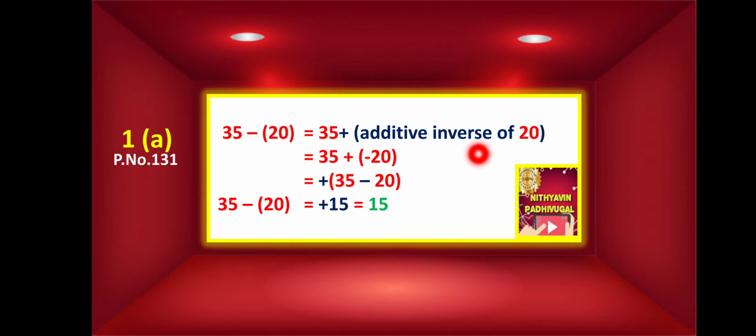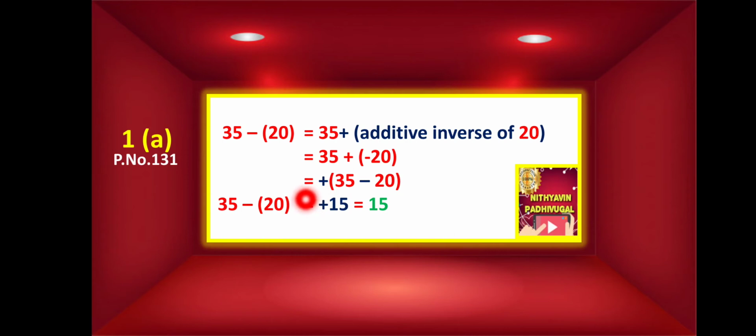In our channel, we have given a separate video for additive inverse: what is an additive inverse, and how to find the additive inverse of every number. Explanations, definitions, examples are also given, so you can refer to our channel. The additive inverse of 20 is minus 20, because 20 plus minus 20 is equal to 0.